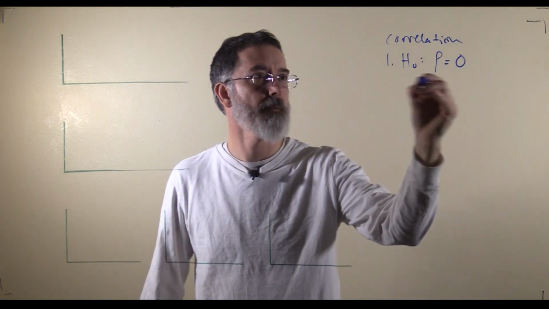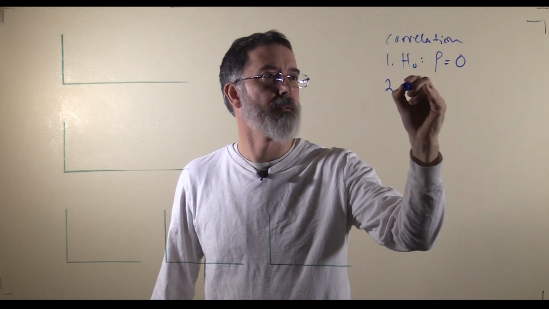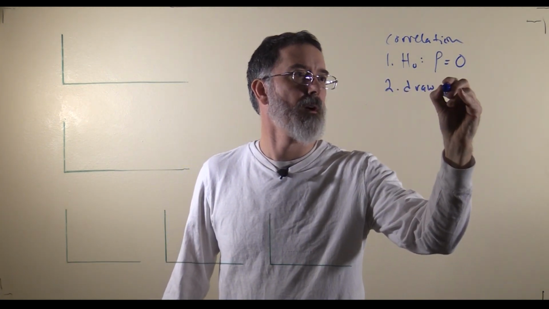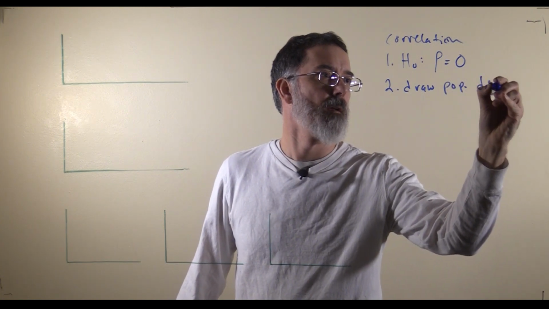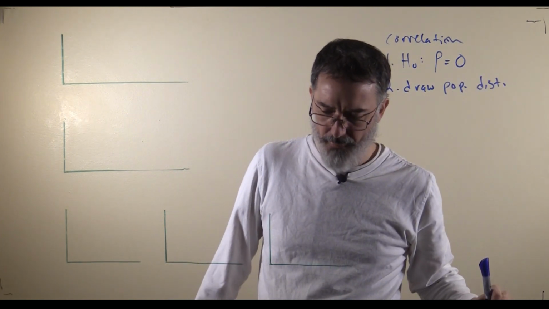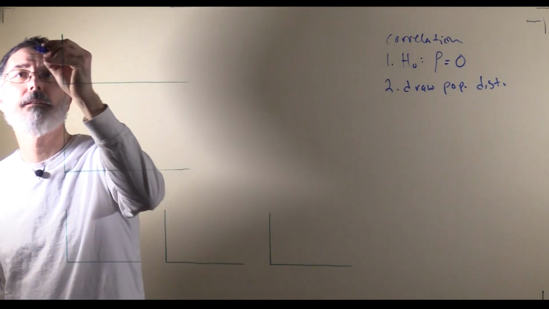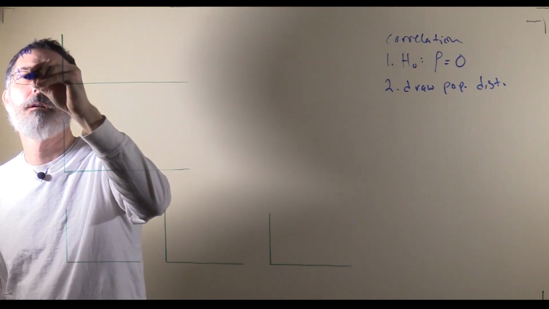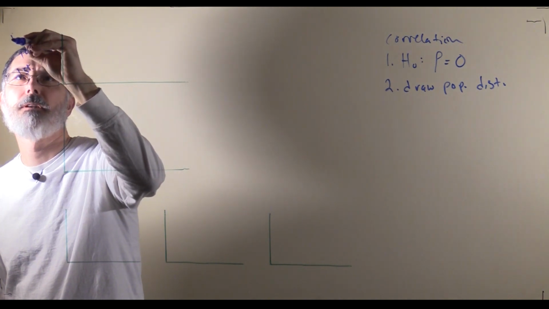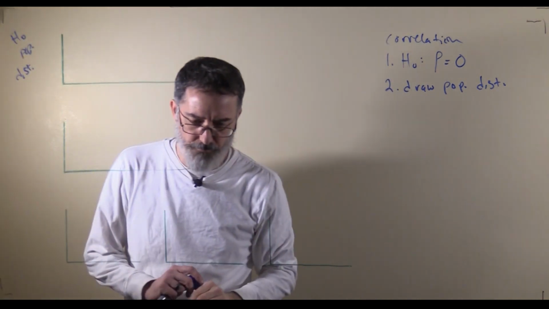And then the next step will still be to draw the population distribution. And now I'm going to draw it up here, and this is the population distribution if the null hypothesis is true.